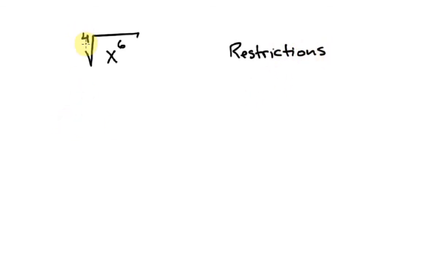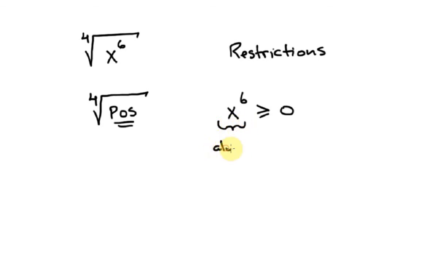Because this is a 4th root, the first thing I'm thinking is that whatever I get inside the radical better be positive. In order for a 4th root to work, this has to be positive. So I want x to the 6th to always be greater than or equal to 0. Whatever number x is, if I'm raising it to the 6th, isn't this always positive? Yeah, I think it is.